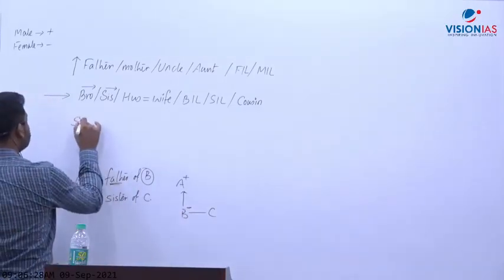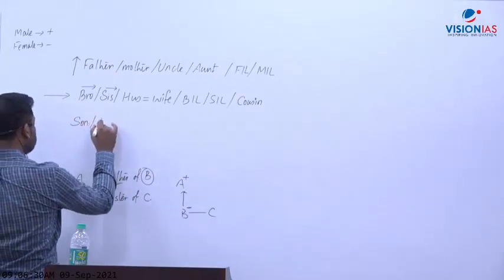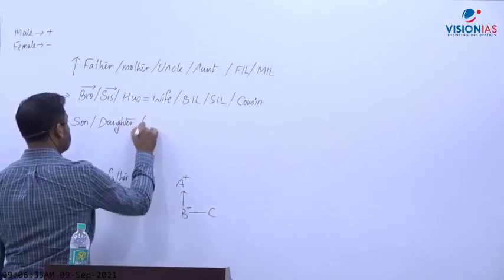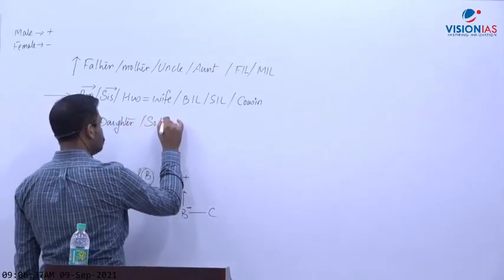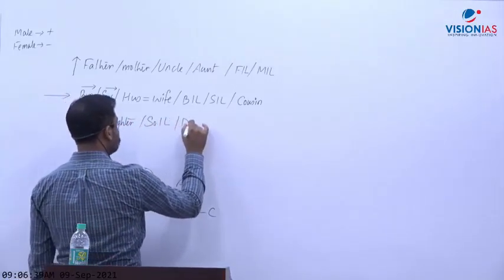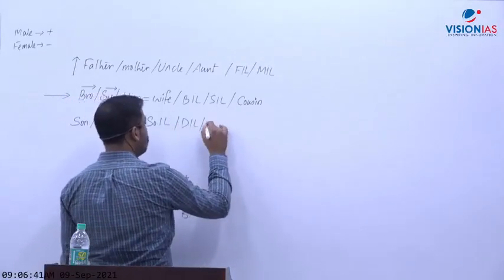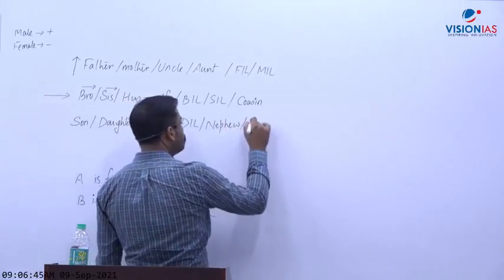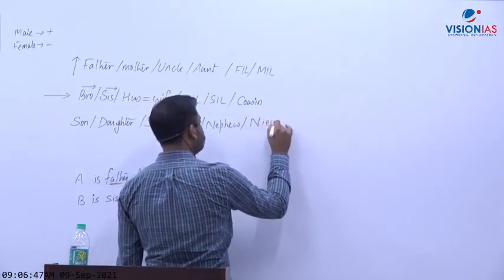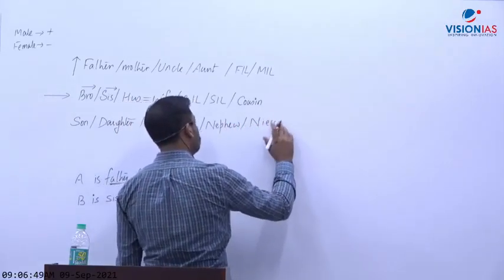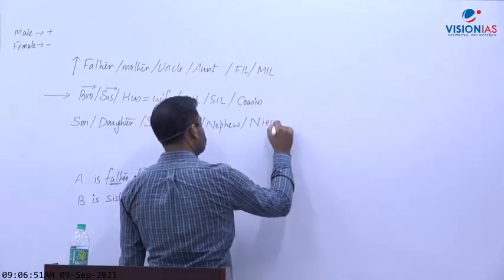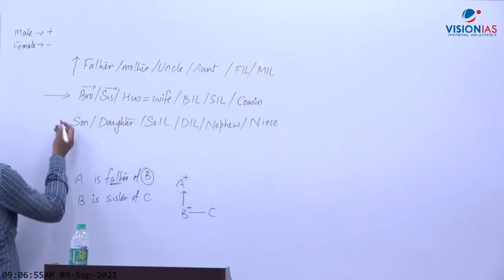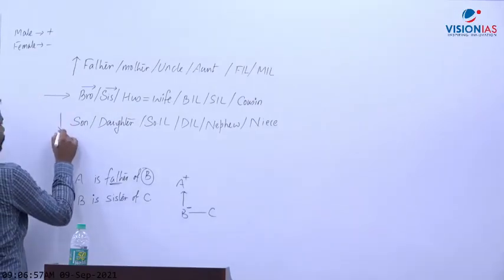Similarly, whenever we get a relation like son, daughter, son-in-law, daughter-in-law, nephew and nieces, these relatives are of next generation, or you can say one generation junior.